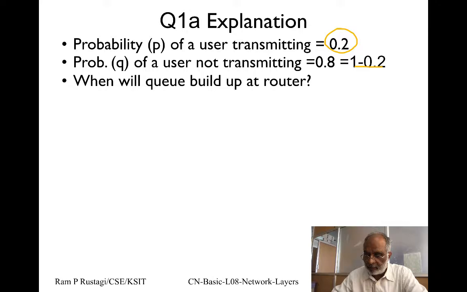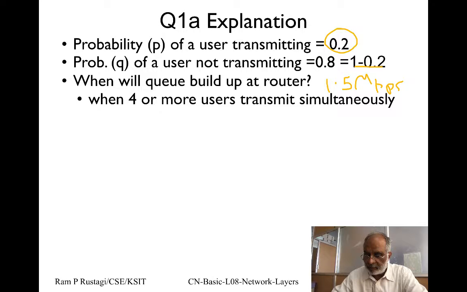Now we know that the router outgoing link capacity is 5 Mbps. Each user is transmitting at the rate of 1.5 Mbps. So as long as there are 3 users transmitting, the total outgoing capacity required is 4.5 Mbps, and so no queuing will occur. Only when the 4th user transmits will queuing occur.